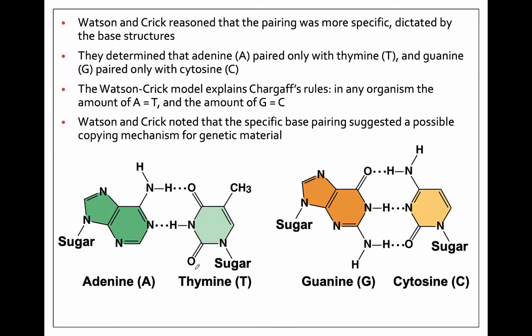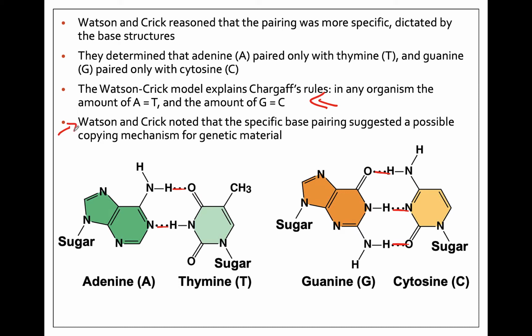So again, here you can see the pairing of adenine to thymine using 2 hydrogen bonds, and you can see the pairing of guanine to cytosine using 3 hydrogen bonds, and that this correlated with Chargaff's rules.